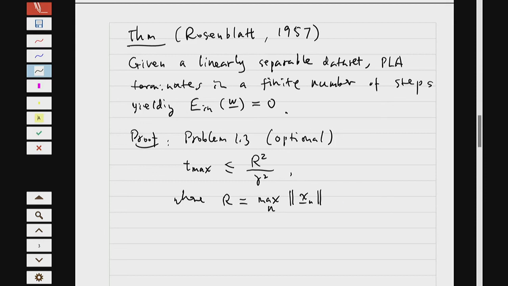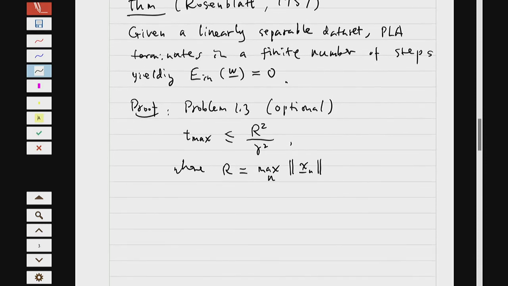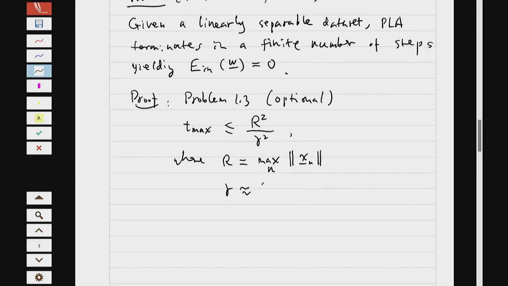And then this gamma is approximately equal to what we call the margin of separation between the pluses and the minuses. Remember, we assume these are linearly separable points, right? So two sides, pluses and minuses. How far away they are. This gamma approximately represents that. The margin, quote unquote, of separation.